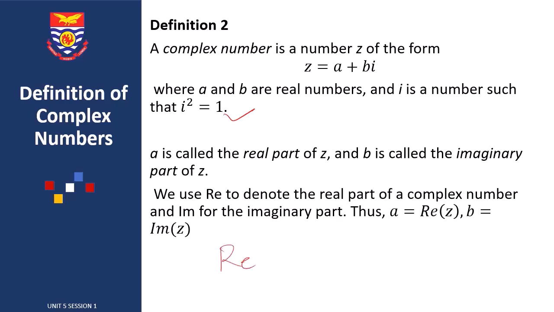So if I want to write the real part of z, I write Re z, and Im to denote the imaginary part. So the imaginary part of z is Im z, so Im z equals b, and a is also equal to the real part of z. So that is very interesting.